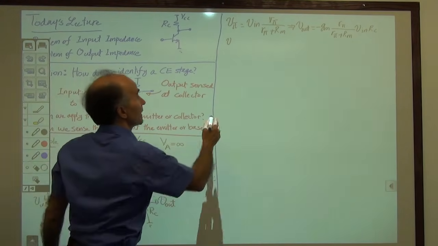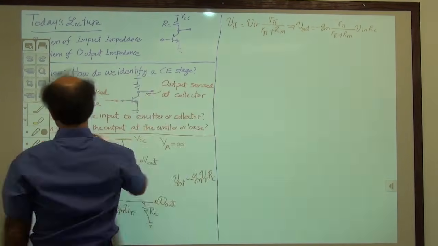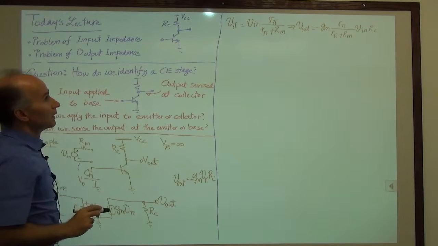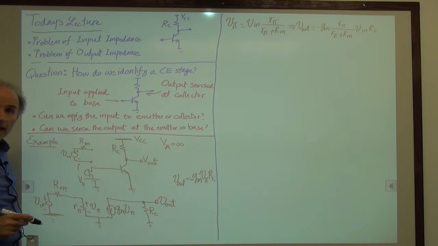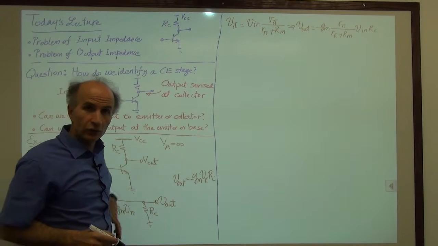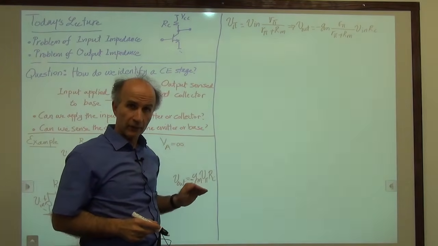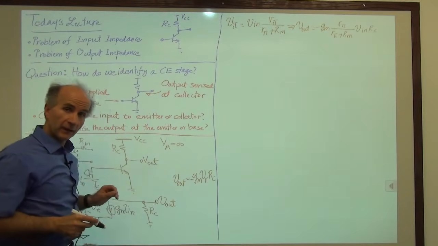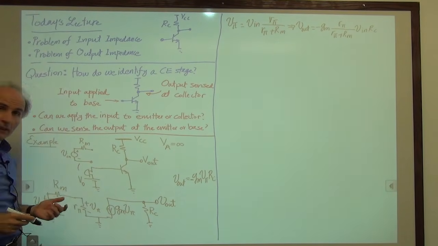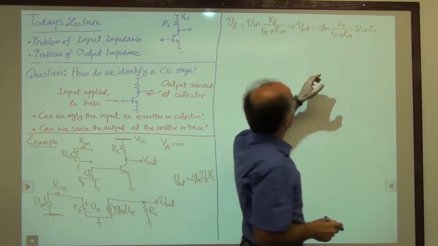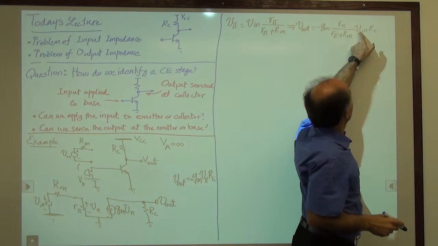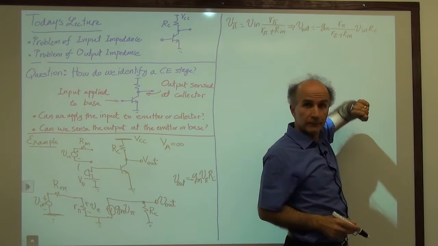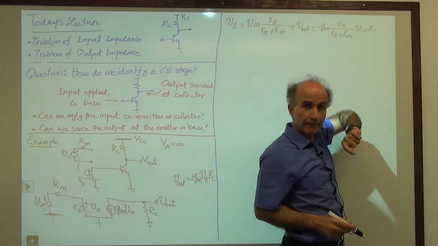And that tells me something right away. If we look at that equation and try to contrast it to our previous result, when Rm was not there, when Rm was 0, we see that previously we had minus Gm times Rc times the input giving us the output. The gain was minus Gm Rc.